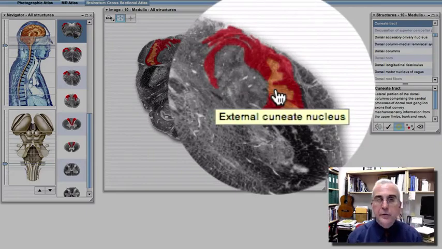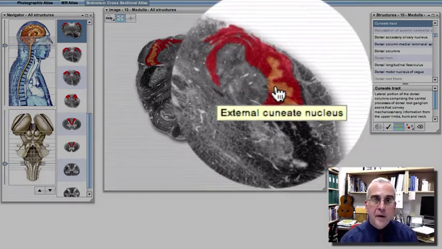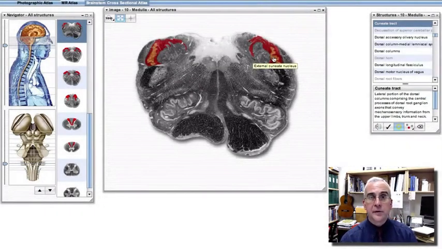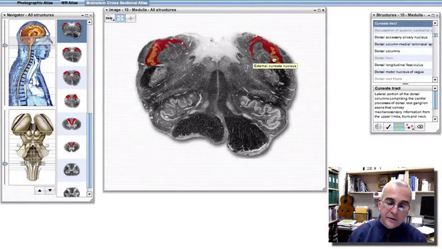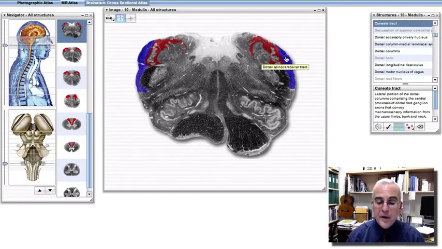So this external cuneate nucleus that's in view here receives input from the ipsilateral afferents concerning proprioception of the upper extremity. From here, this external cuneate nucleus is going to grow axons that will join up with those that are running right next to it from the dorsal spinal cerebellar tract.